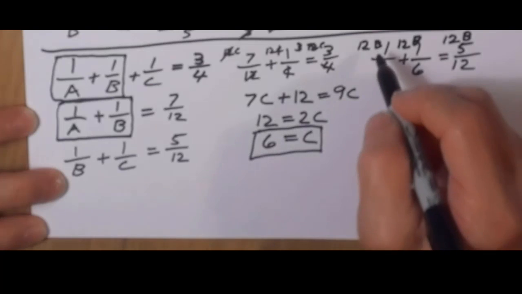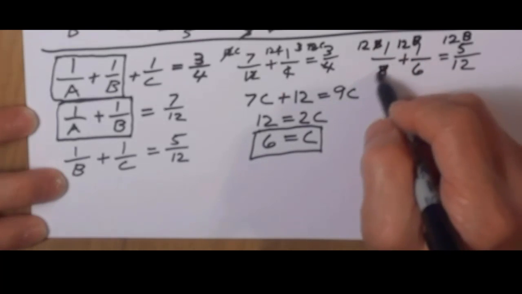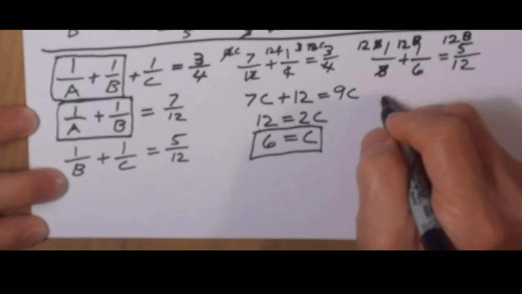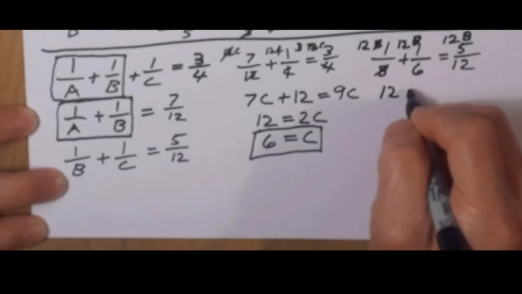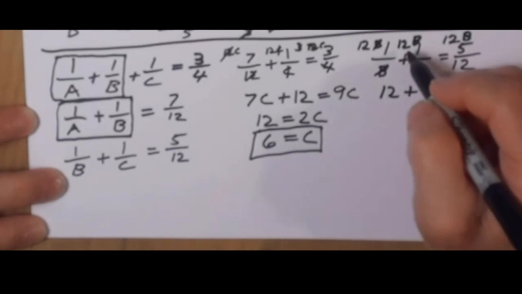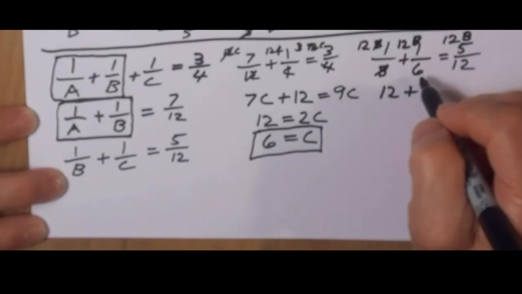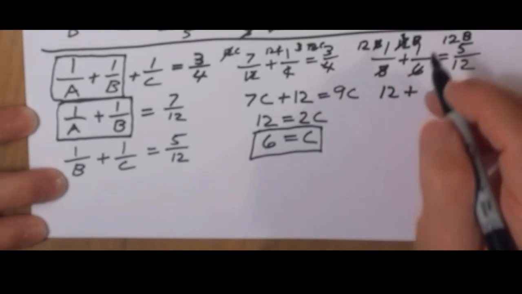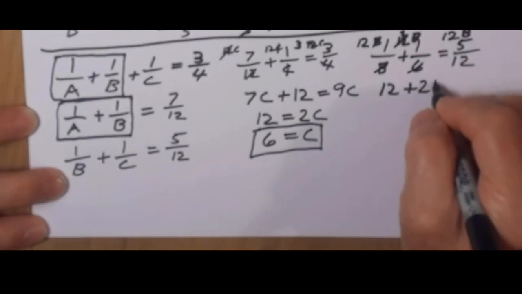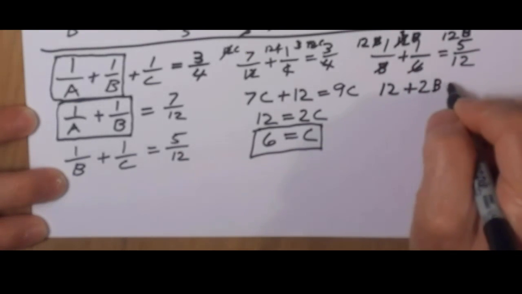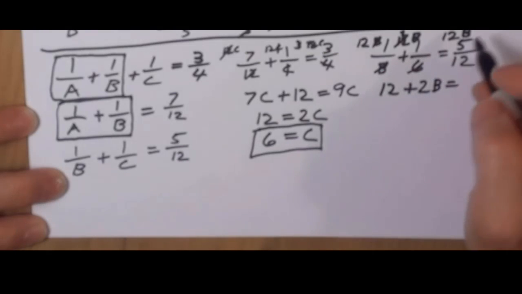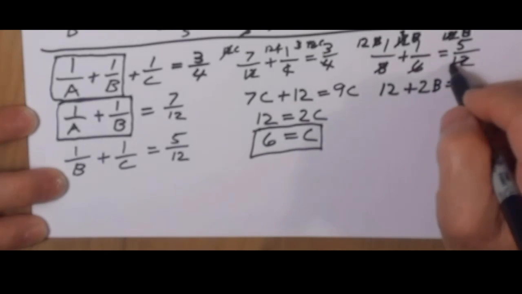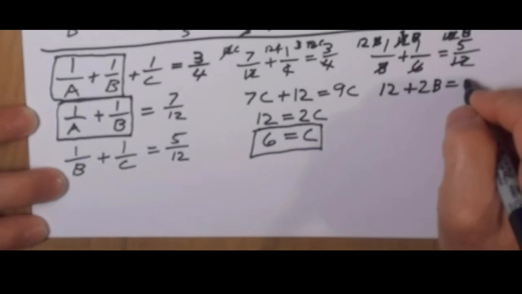Okay, and then the b's here cancel out, and you have a 12 plus 6 goes into 12 2 times, so you have 2b equals, the 12 cancels out, and it's a 5b.